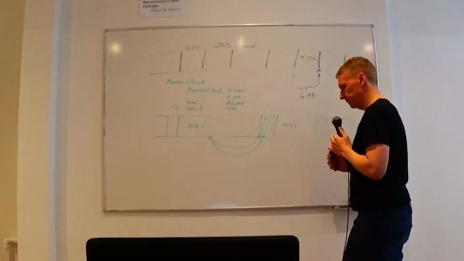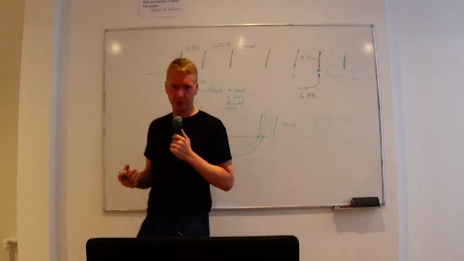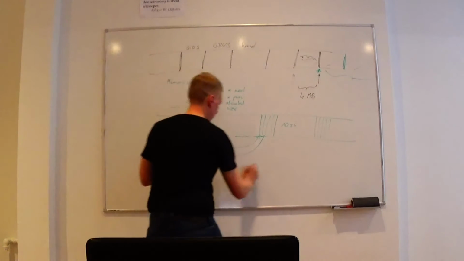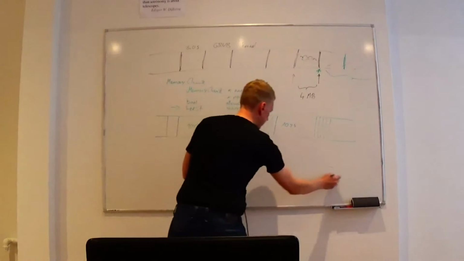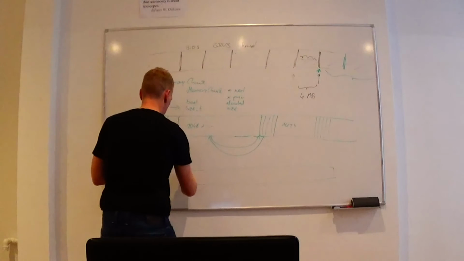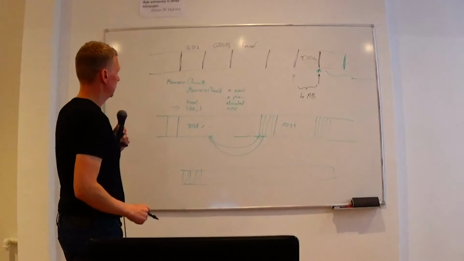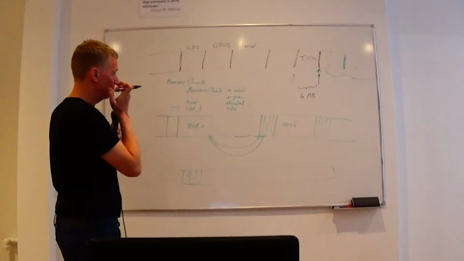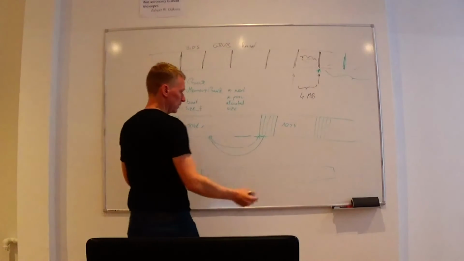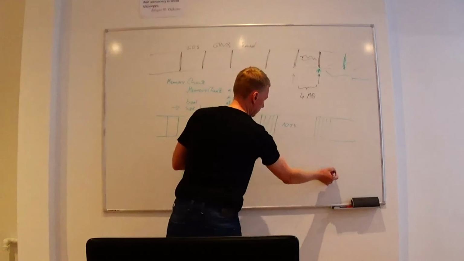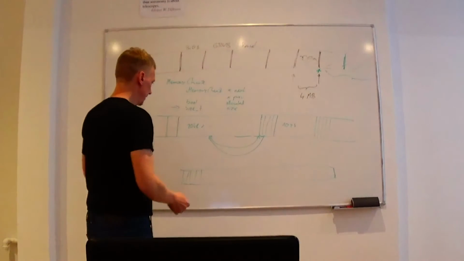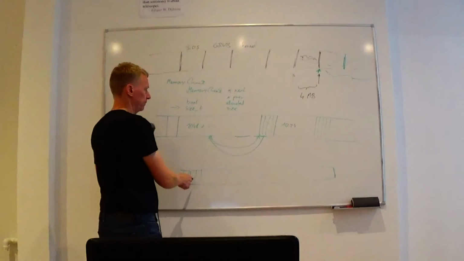Okay. So, how will the situation be when we start? When we start, nothing is allocated. So if nothing is allocated, then I can have only one chunk.